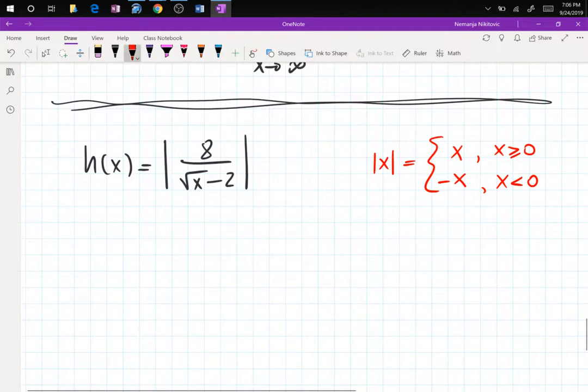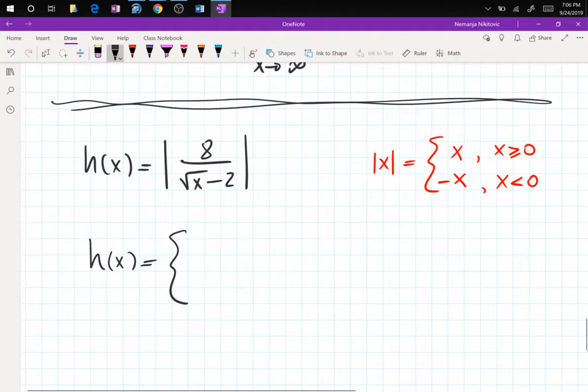So now, when I take a look at this h of x, h of x is going to have 2 parts, and now I need to know what these parts are. So how would we do that? Well, I need to know for which values everything inside the absolute value is positive, and for which values everything inside is negative.